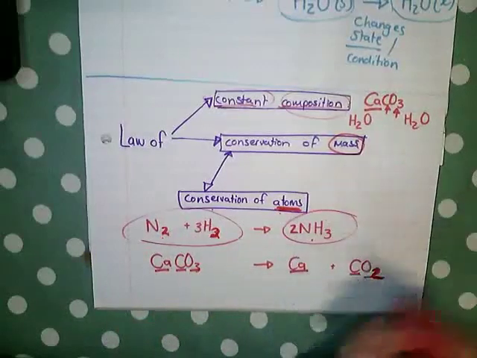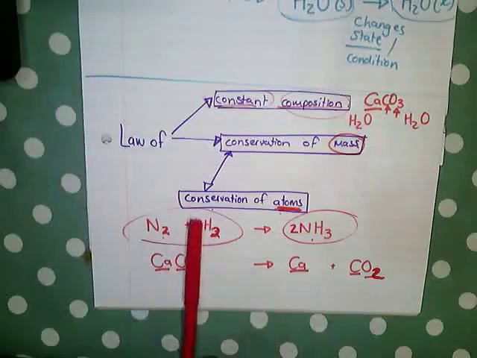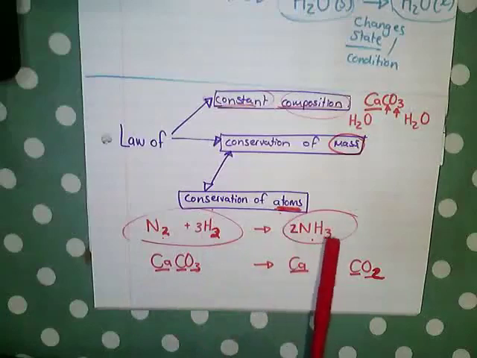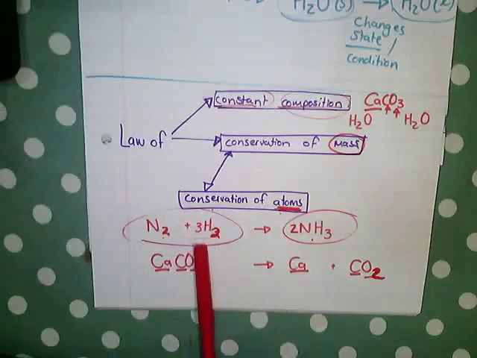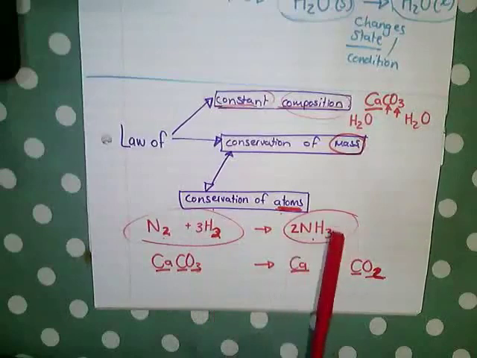We balance an equation so that we have conservation of mass as well, because 3 hydrogens is 3 times the mass of 1 hydrogen, right? So if we have 3 hydrogens there, we need to get the same amount of hydrogens on this side, so that the total mass on the left equals the total mass on the right.